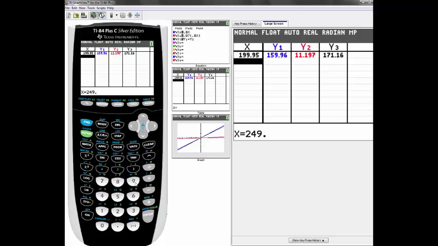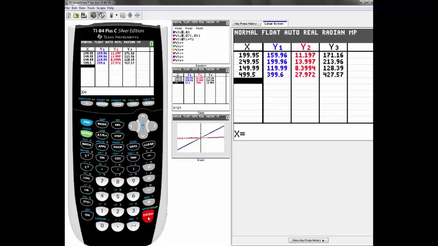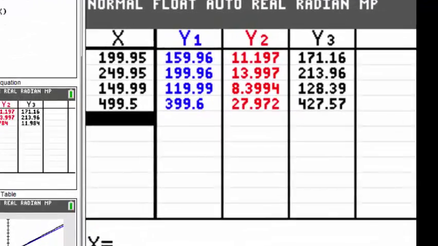Now I'm going to put in the second x value there, 249.95, and once again my other values just automatically pop up. And the next one is 149.99. And the last value for our X is going to be 499.50, I believe it was 50. Yes. But it just comes up as 0.5, and that's fine. We don't have to put in that last zero.